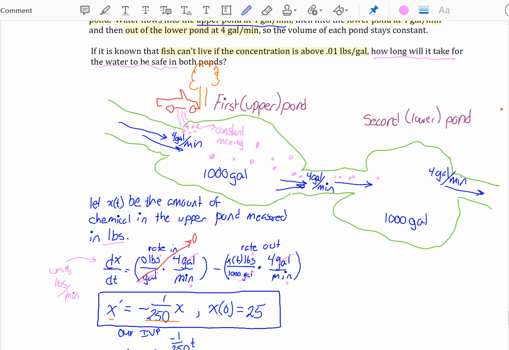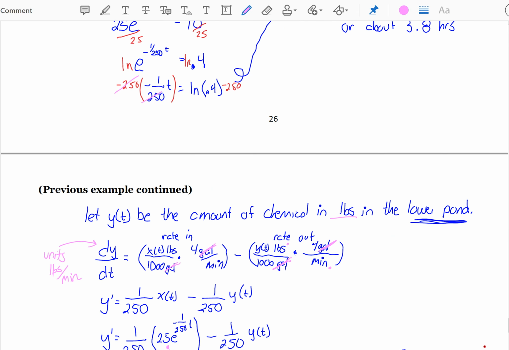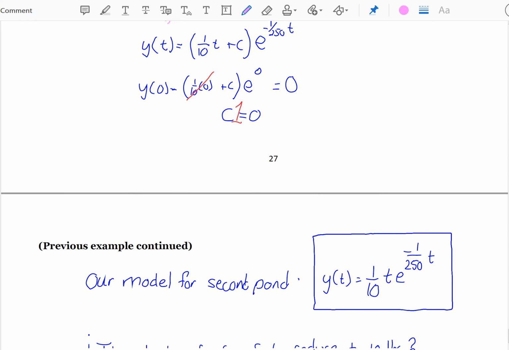But initially, y of 0 was 0. Of course, then this chemical starts to build up in the second pond, and then it starts to flow out of the second pond. And I want to make sure that this is always less than 10 pounds. So I guess I could set it equal to 10, but I set it less than or equal to 10 because I knew that it didn't start out above it. It started out below.